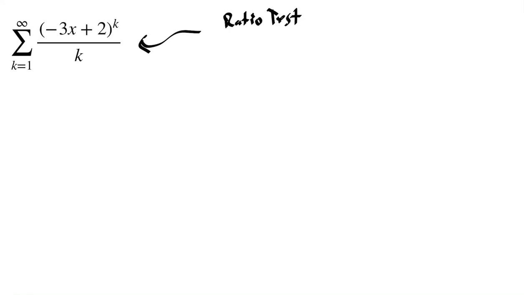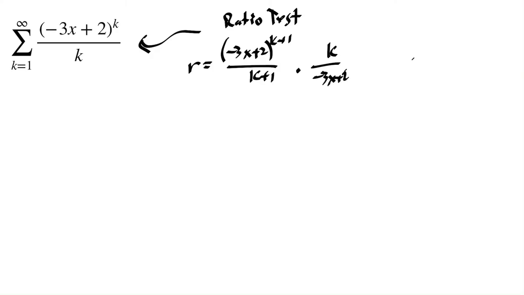So all we have to do is something like the ratio test. If I do the ratio test, then my little r is going to be the absolute value of negative 3x plus 2 to the k plus 1 over k plus 1, times, and then I'll flip it, k over negative 3x plus 2 to the k. And then little r is the limit as k goes to infinity of this thing.